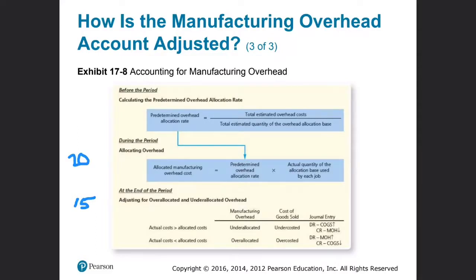You would use the opposite journal entry if it was over allocated. So this is just a good little go-to page. It's got a lot of information on here, and this is on slide 35.